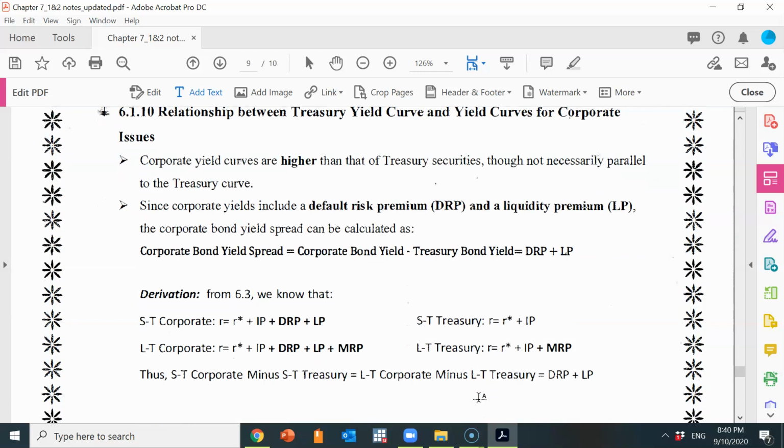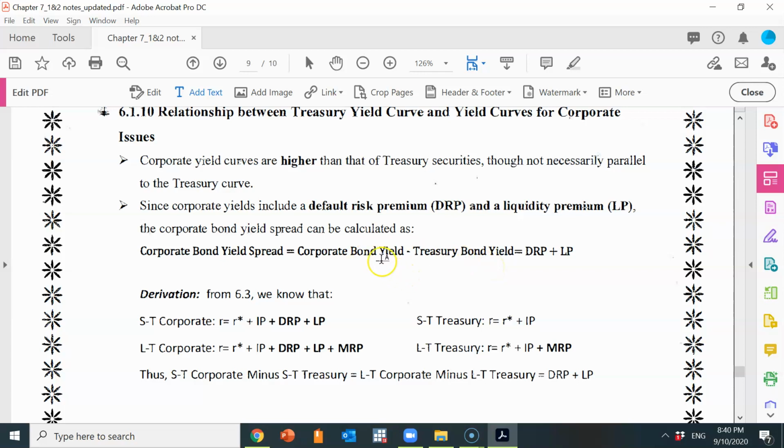All right, let's discuss another concept here, which is the relation between the treasury yield curve and yield curves for corporate issues. Typically, corporate yield curves are higher than that of treasury securities, though not necessarily parallel to the treasury curve. Since corporate yields include a DRP, default risk premium, and an LP, liquidity premium, we define the corporate bond yield spread as corporate bond yield minus treasury bond yield.